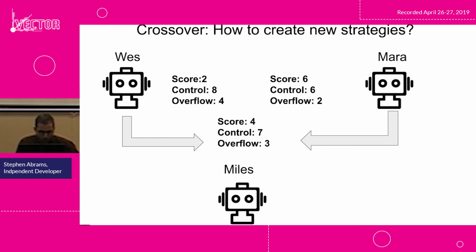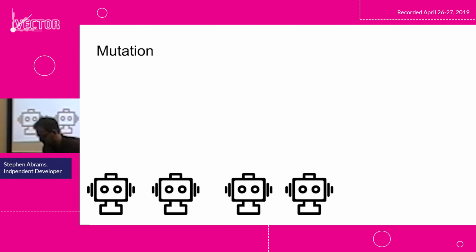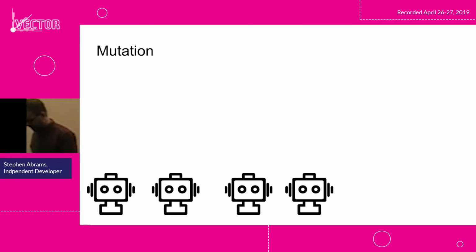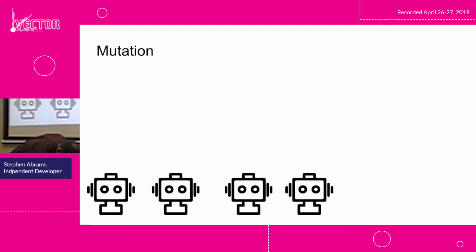And so once they do their crossover thing, you've now produced a new strategy, and you can use the new strategies to fight against each other again and move on, and so on and so forth. The last piece of this is, okay, I have all these things fighting against each other, and let's say I have one that becomes really dominant, like a really big fish in a small pond.